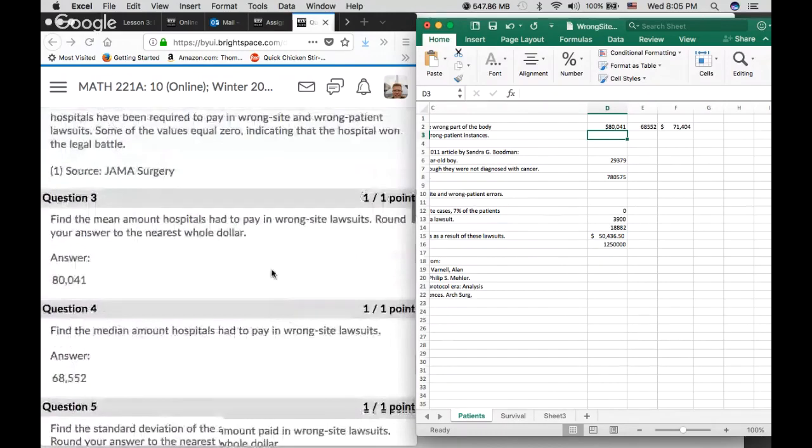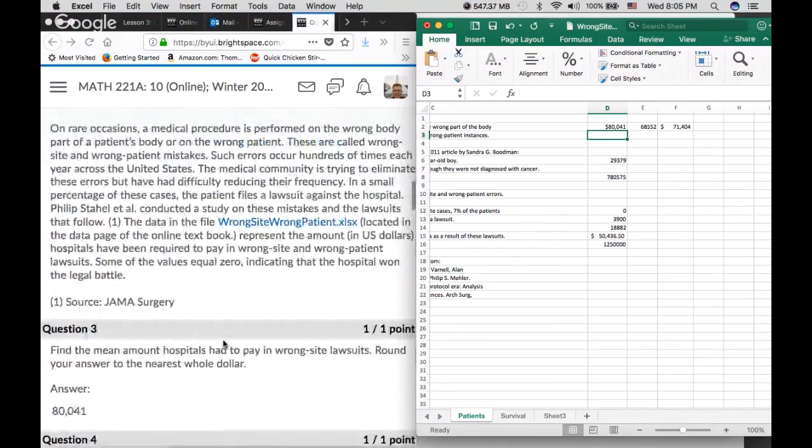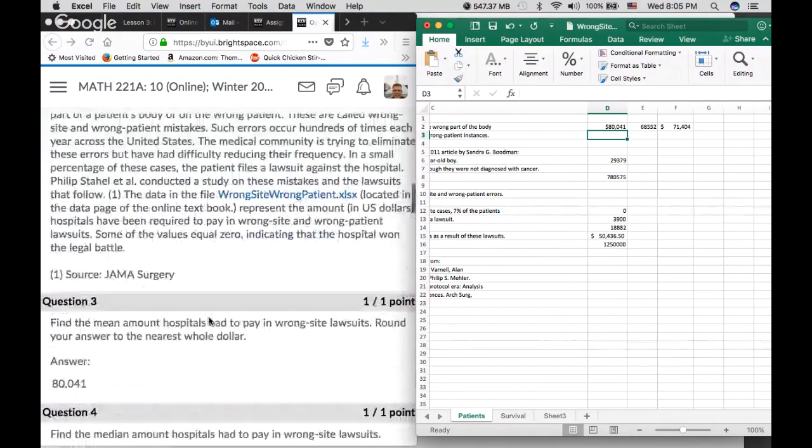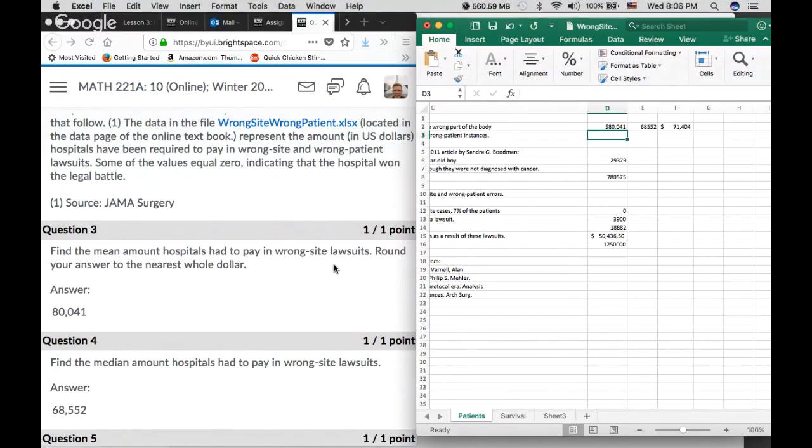But anyway, we'll go through and I'll show you how I got these. Oh, that'd be great. So wrong site, wrong patient: all the dollar amounts of lawsuits that the hospitals have incurred for wrong sites and wrong patients.